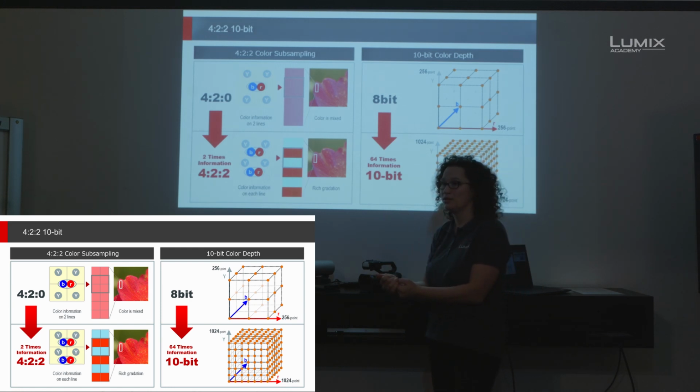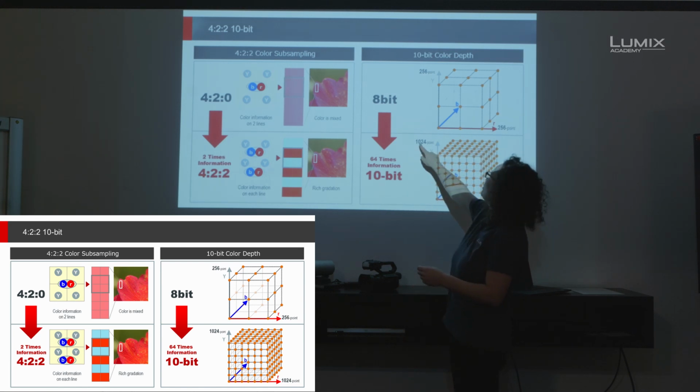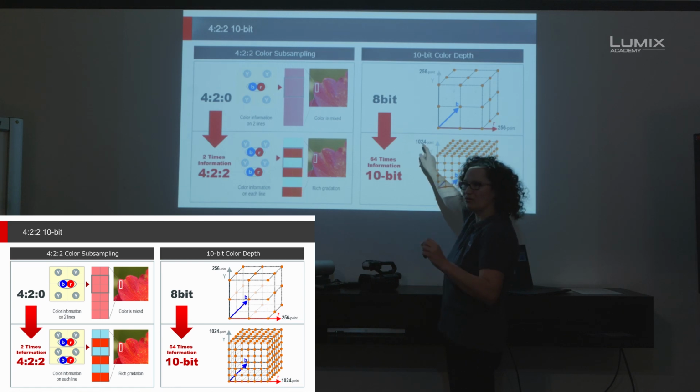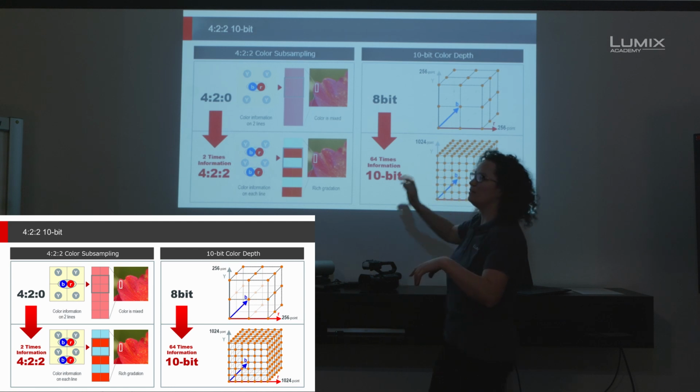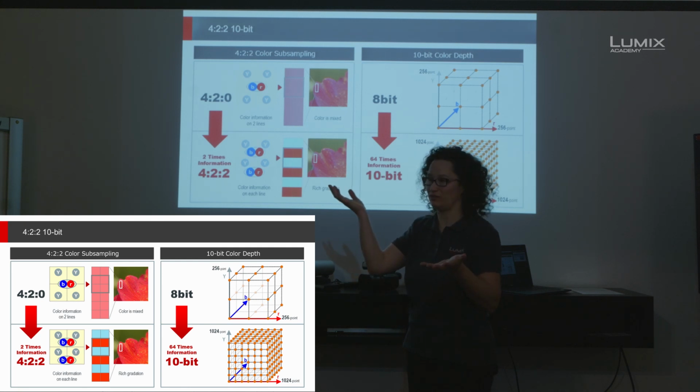That's a lot. But if you compare to 10-bit, it means that on all our axes we have 1024 different values. 1024, 1024, 1024 gives you some billions of colors. 16 point something million versus billions is a significant difference.